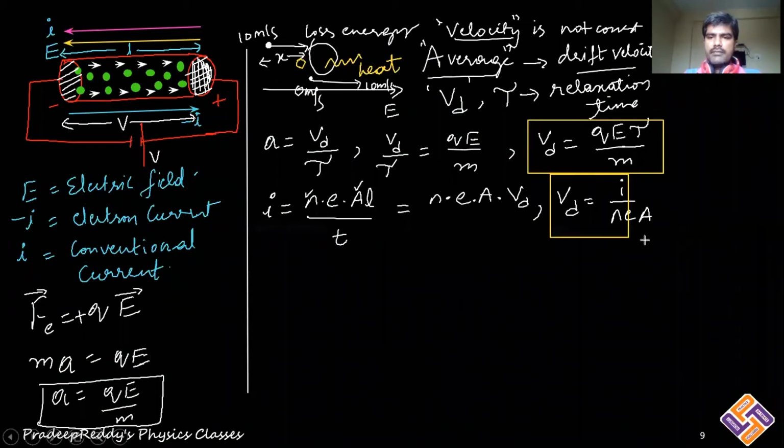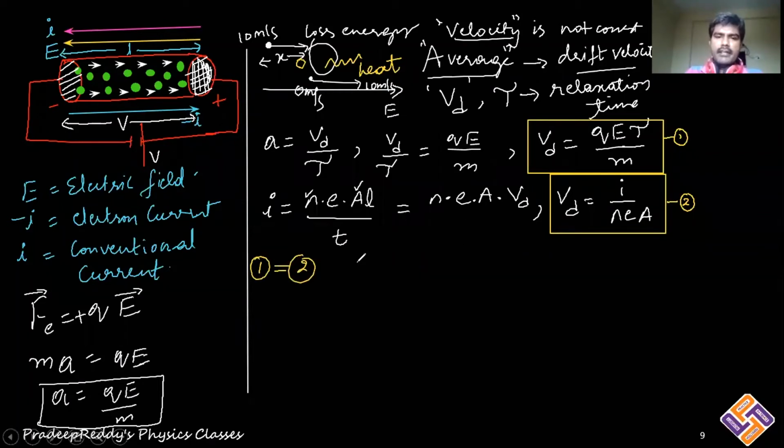These derivations are very, very important. From here itself, we will define Ohm's law. Observe carefully. We have one equation, Vd is equal to qE tau by m, and Vd is equal to I divided by nEA. I'll equate these two, because both are substitutions for drift velocity.